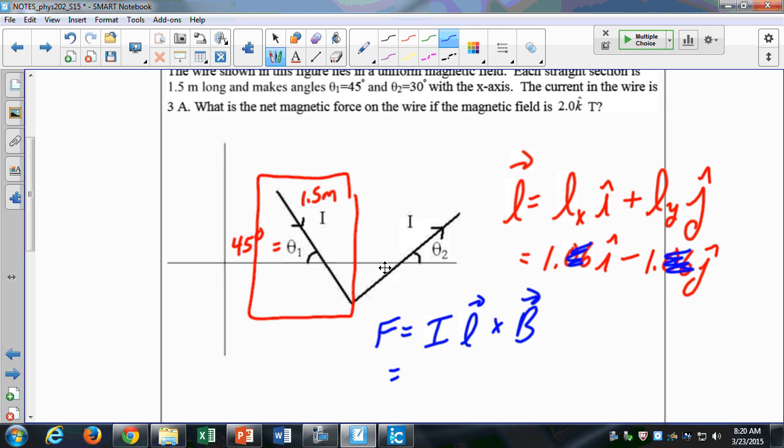Anybody have the force yet? It's gonna look like this.